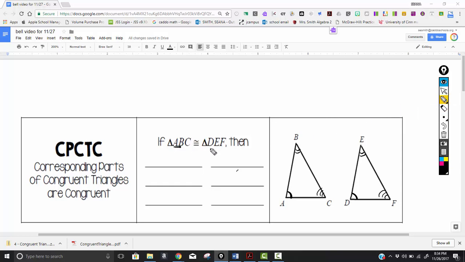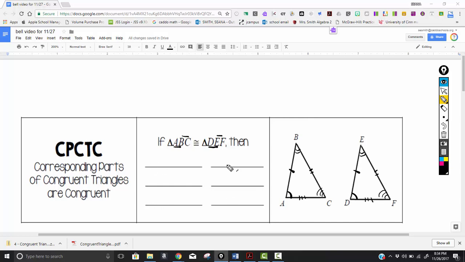So AB corresponds to DE. AB gets one mark, DE gets one mark. That also means that BC corresponds to EF. BC, 2 marks. EF, 2 marks, because we need to distinguish the difference between this one and this one. And that would leave your last one getting the 3 marks.